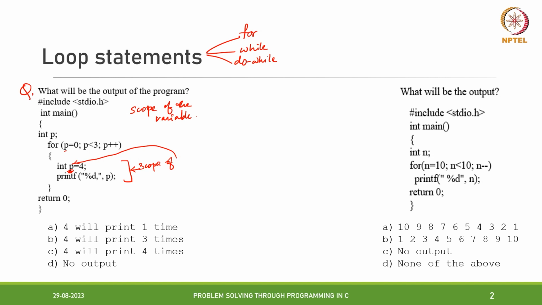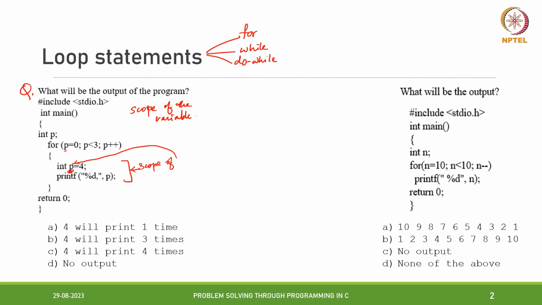For each particular iteration, the p value will be taken up as 4, and that is what will be printed here. And after we move out of this iteration and we go and check the condition again, the p will revert back to whatever iterator value it had.